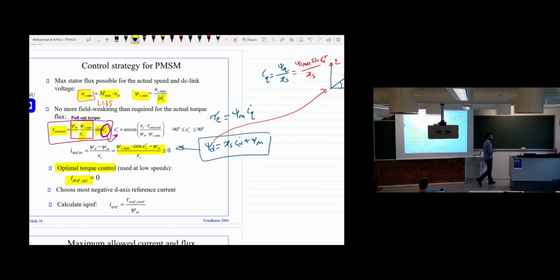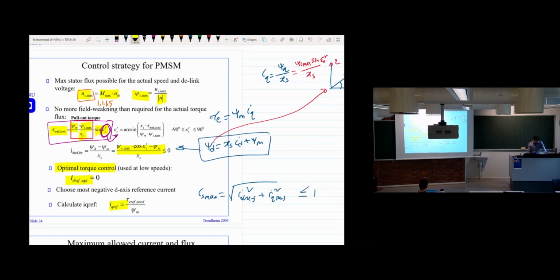Also we need to check the max total current, because we know that the total current Is max should not be higher than 1. It should be less than or equal to 1. So Id ref squared plus Iq ref squared should be less than 1.